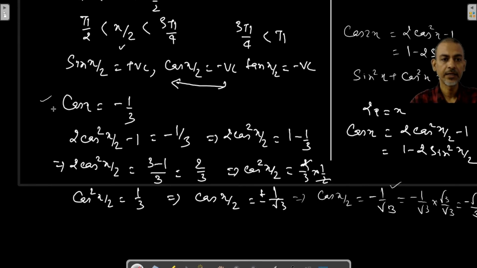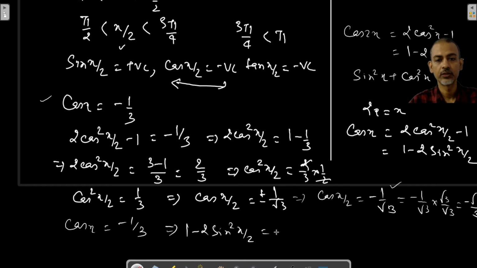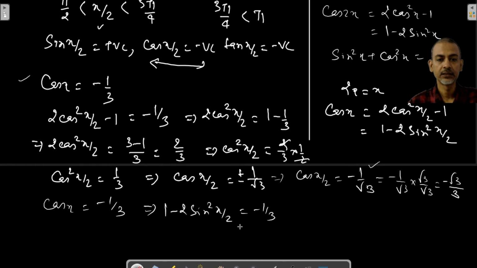Now with the same thing, can I write cos x equals minus 1 by 3, and then again can I write 1 minus 2 sine square x by 2 is equal to minus 1 by 3, right? And with this, can I also write 2 sine square x by 2 equals 1 plus 1 by 3.